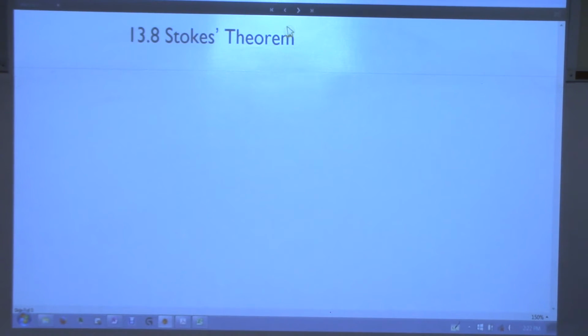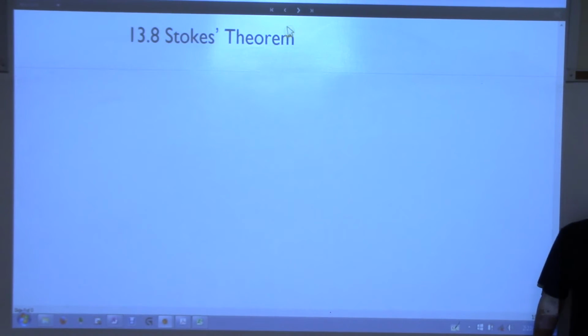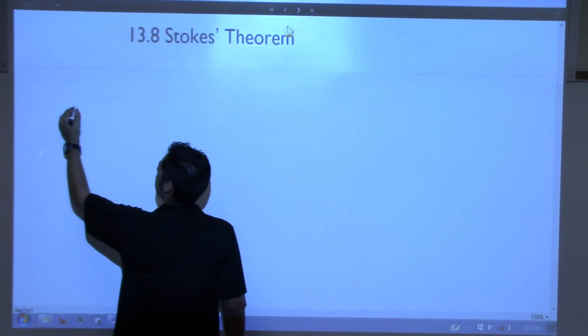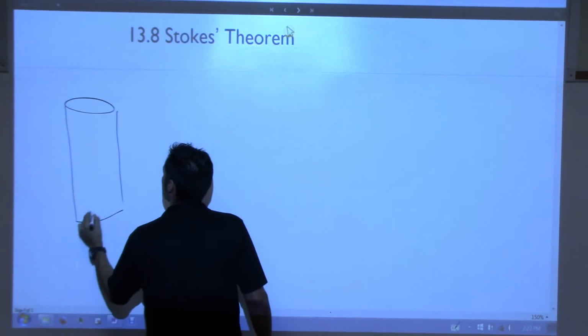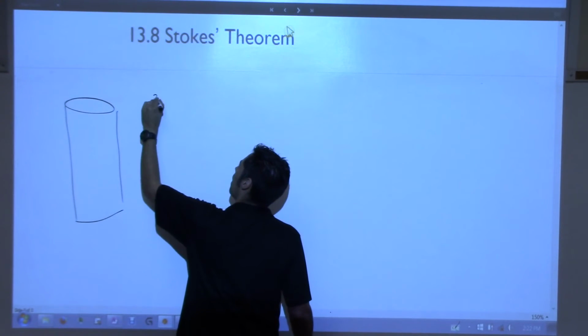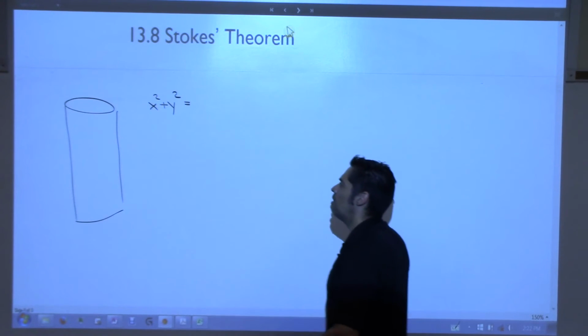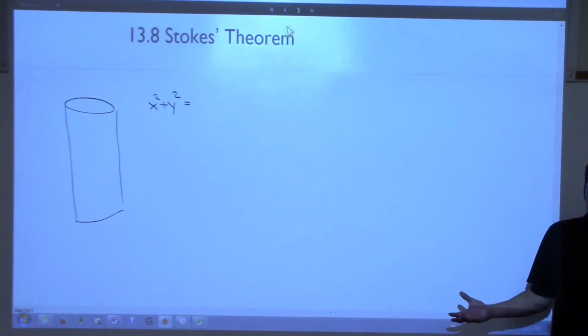All right, so here's kind of a cool problem. I found this doing a little bit of research on Stokes' theorem. Let's say that you have a cylinder, okay? And let's say this cylinder has the equation x squared plus y squared equals, now I'll ask you, do you want it to be a general cylinder, or you want me to fix the radius at something?